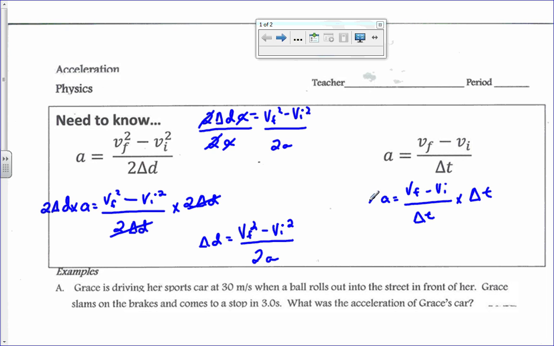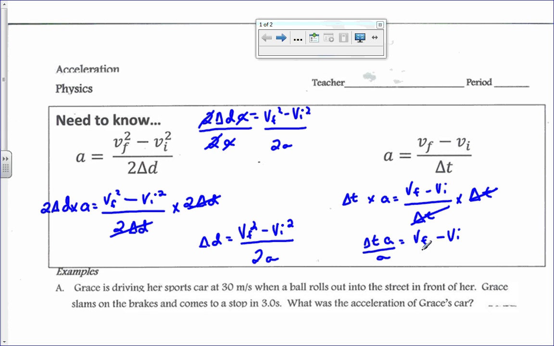Whatever I do to one side, I have to do to the other. So multiply by delta t here. Cancel delta t. Rewrite the equation. Delta t times a is given by final velocity minus initial velocity. Now what do I do? Divide out a. I got to get rid of a, so I'm going to divide out a here.